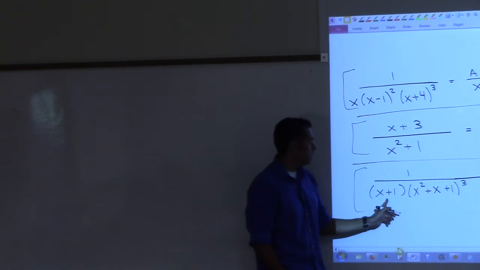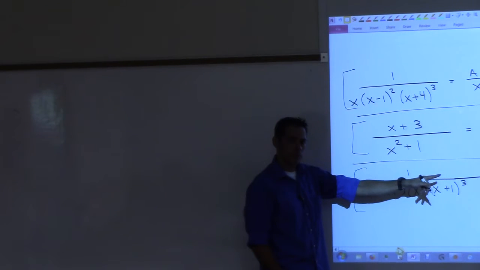So what do we do for the linear? It'd be A over x plus 1. And then what did we do for an irreducible quadratic? We put a linear over the quadratic. So this one is going to be repeated though. So how do you think we're going to have to do that? Bx plus C, that's linear, over the quadratic.